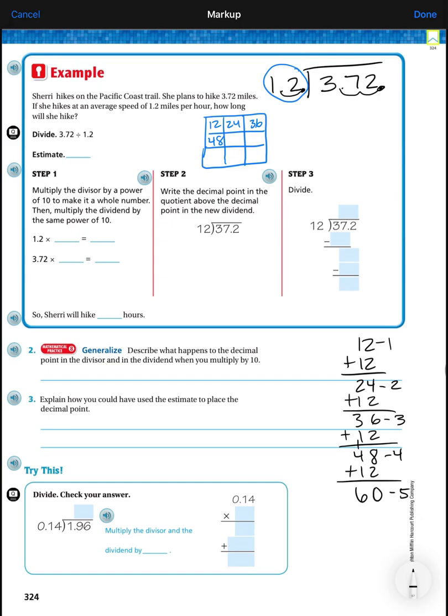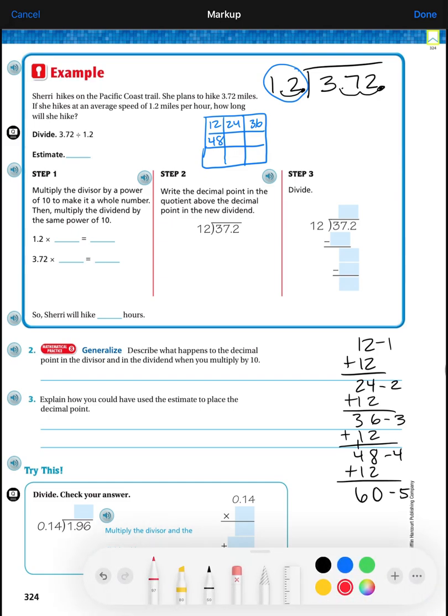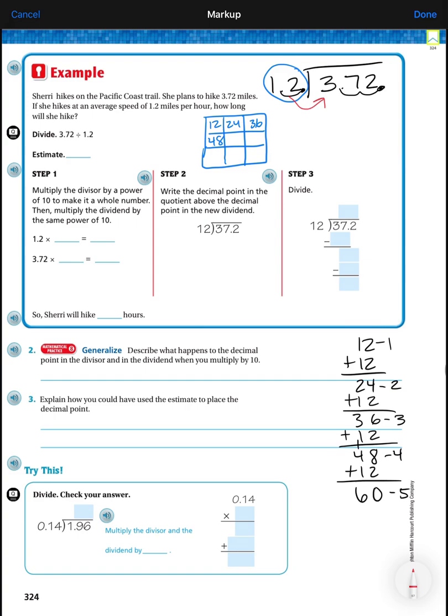So I'm going to go back to the top and I'm going to say, okay, can 12 fit into 3? No, because it's bigger than 3, right? But can 12 fit into 37? Yes. Now I need to figure out how many times it fits without going over but getting close, okay?